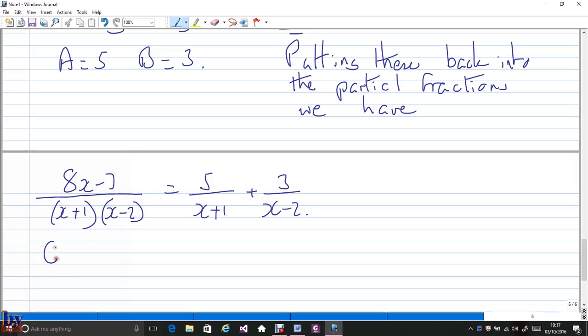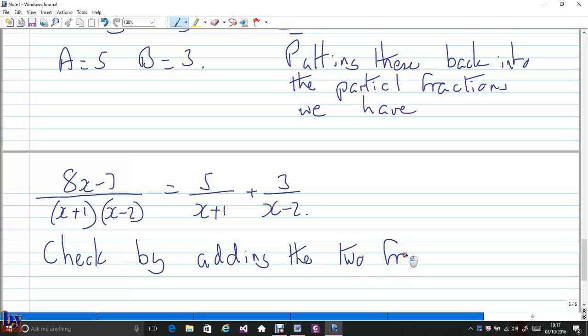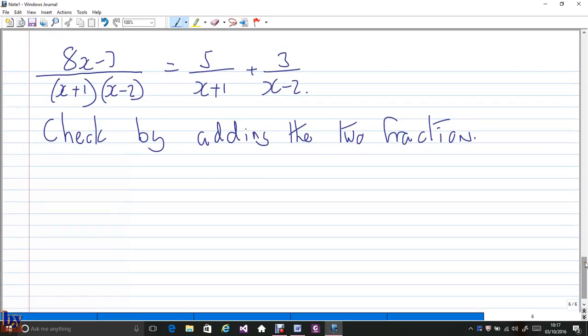So check by adding the two fractions. Now I think you'll see why it's important to be able to add fractions. 5 over x plus 1 plus 3 over x minus 2.